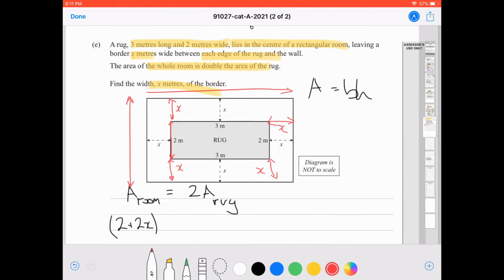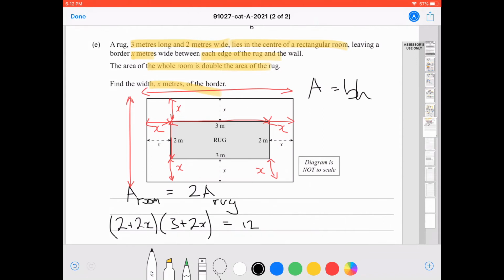Okay, and that equals, looking at the area of the rug, 3 times 2, so basically 6. 2 times 6, but we could even, just to save ourselves a step of working, rub that out and say 12 straight away.